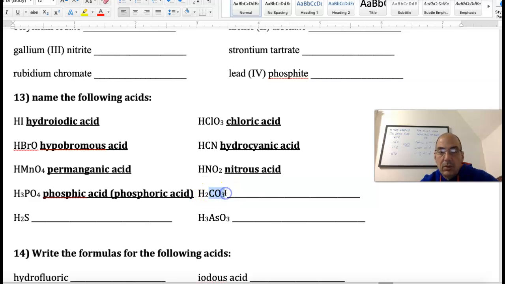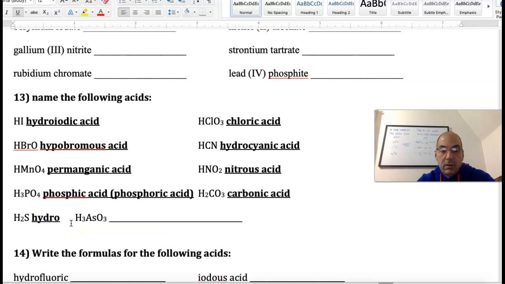CO3 is called carbonate. -ate becomes -ic, so that is carbonic acid. S is called sulfide. The S anion is sulfide. -ide becomes hydro-ic, so this is hydrosulfic acid.